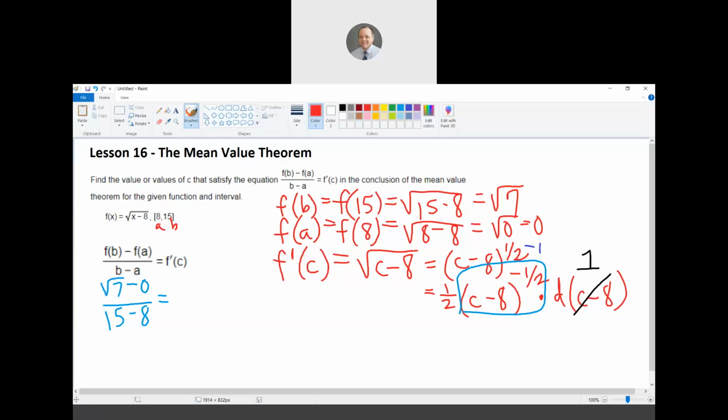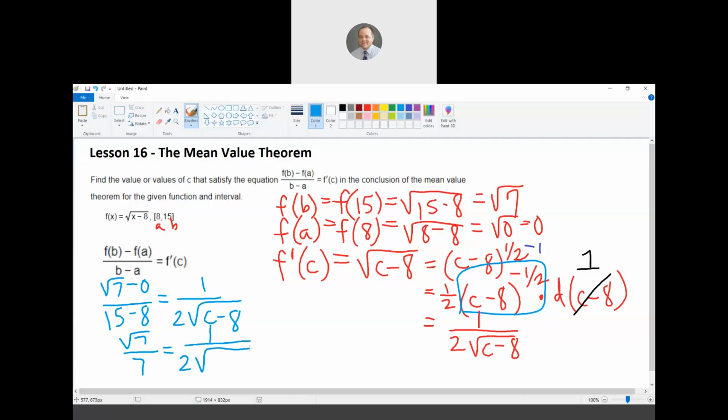So that will become now 1 over 2 times the square root of c minus 8. Now let's simplify a little bit before we find c. We have square root of 7 over 7 equal to 1 over 2 times the square root of c minus 8.